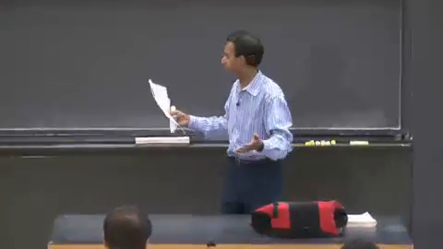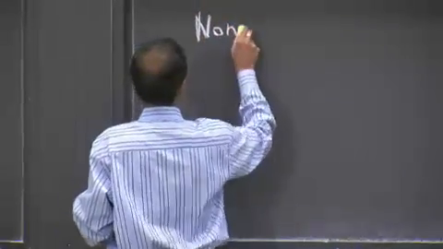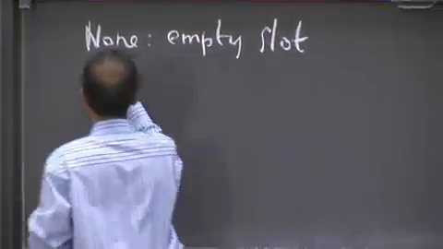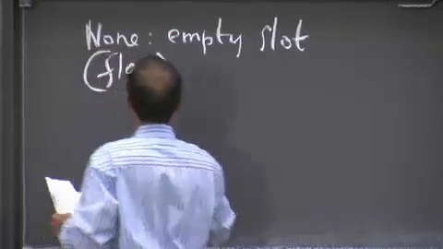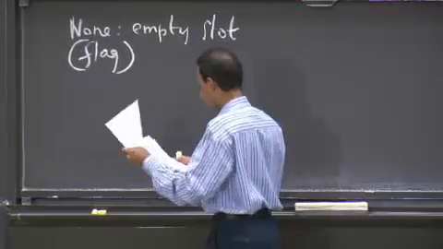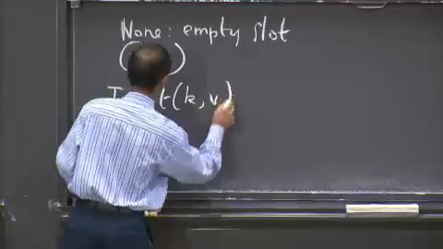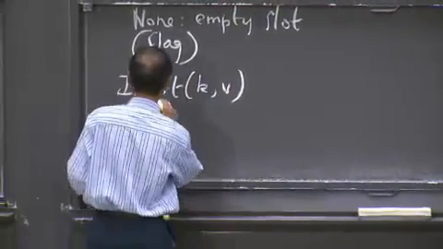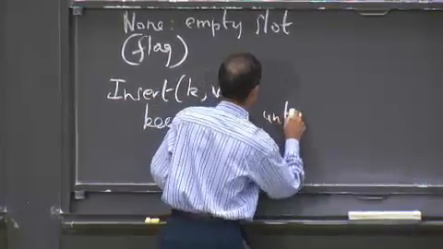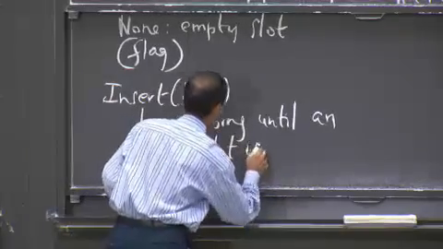None would indicate an empty slot, and you can think of this as being a flag. In the case of insert, what you did was insert k, v: keep probing until an empty slot is found.